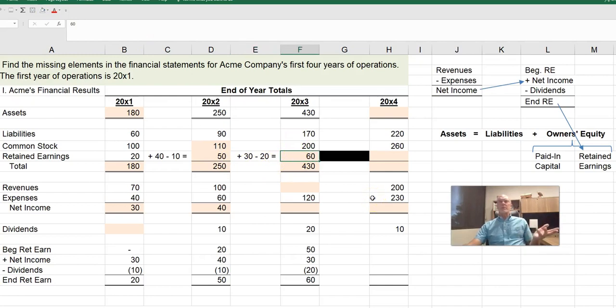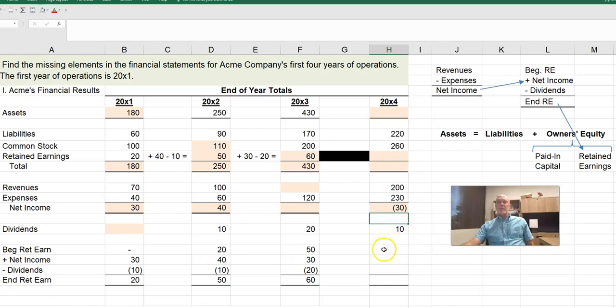So we have one more year. We're missing total assets. We're also missing retained earnings, so we're going to have to start down here. So income statement, revenues of 200 minus 230 of expenses. Looks like our net income is a minus 30. In fact, I would call that a net loss. Our expenses were more than our revenue.